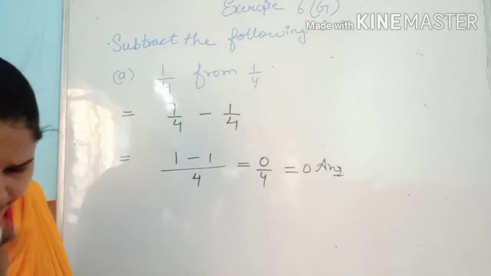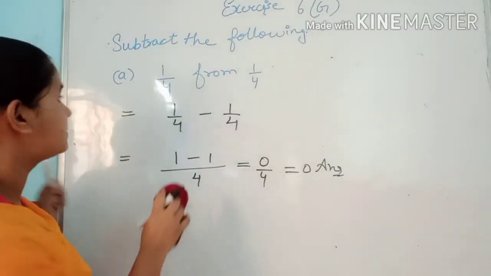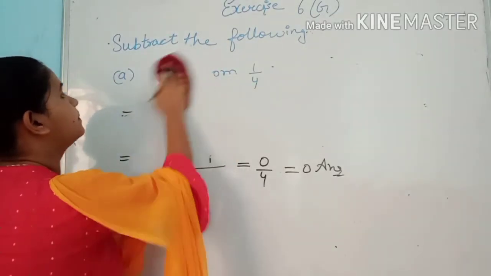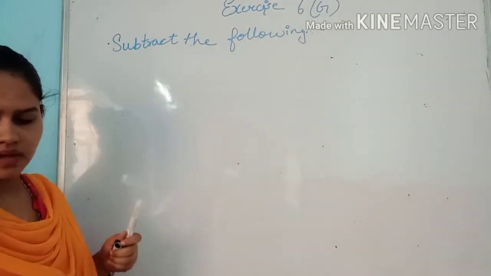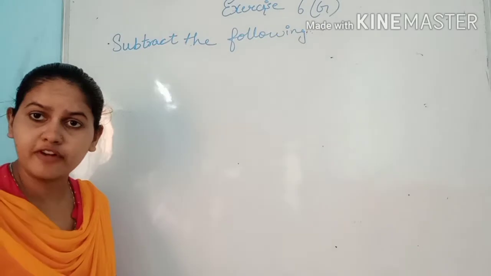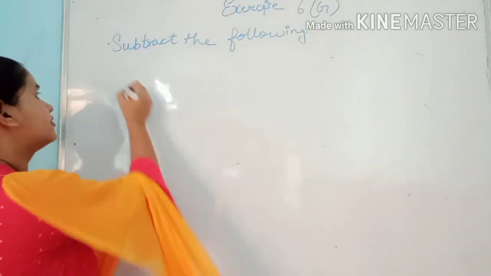Okay, let's do the B sum. B is 1 over 5 from 4 over 5.